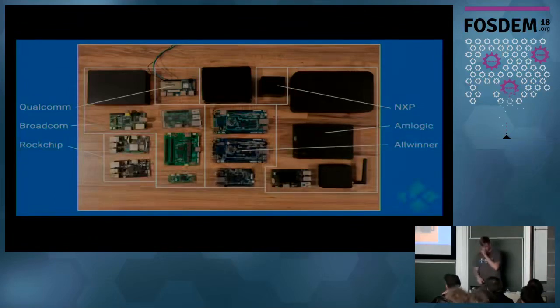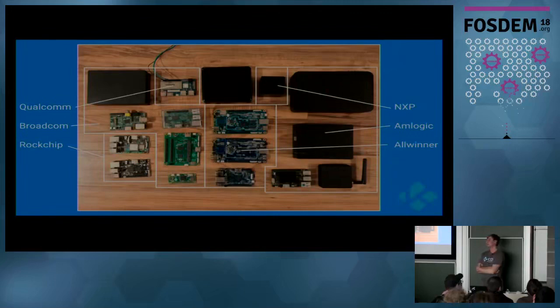This is actually a bit of an old photo now of all the boards that I have. I've accumulated quite a few since this, but I mean, supporting each single board is very difficult. To cross-compile for each board takes a lot of time.